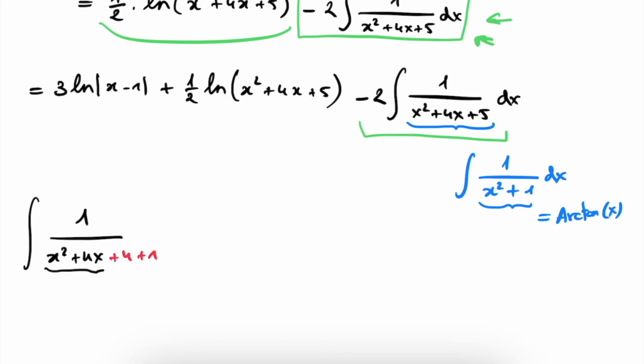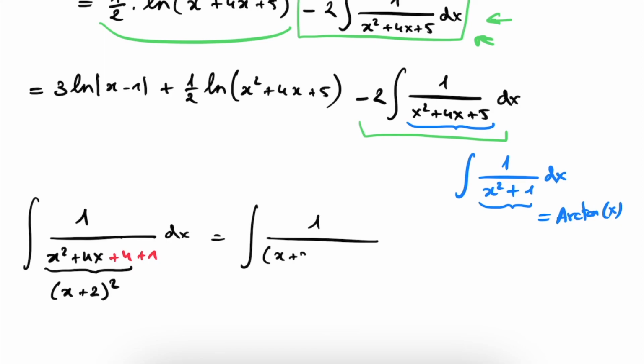However, at this point, we have this term right here, x squared plus 4x plus 4, which is simply (x plus 2) squared, right? If we calculate these brackets, (x plus 2) squared, we exactly get x squared plus 4x plus 4. So this means that we've rewritten our integral as being 1/((x plus 2) squared plus 1).